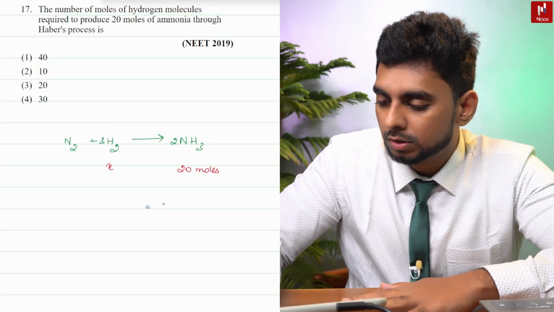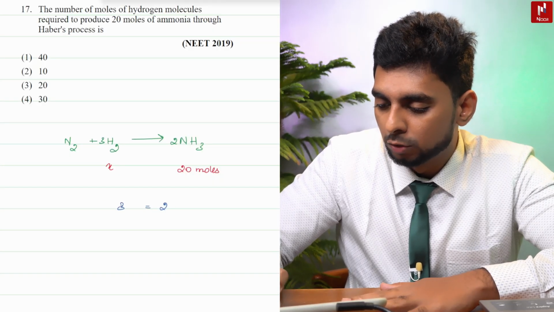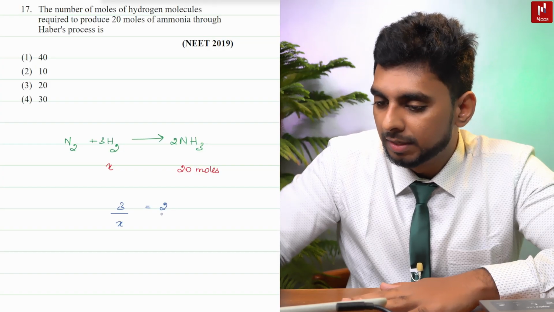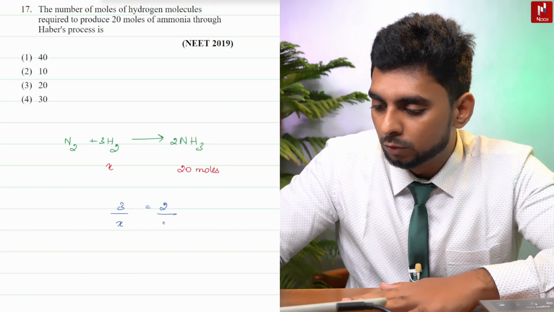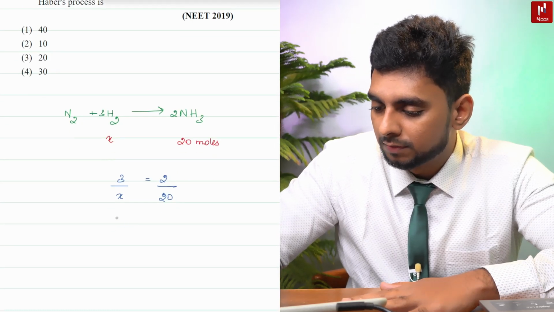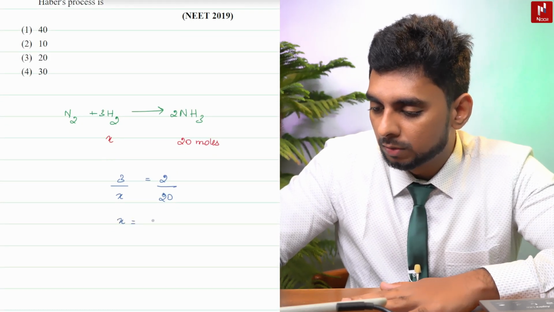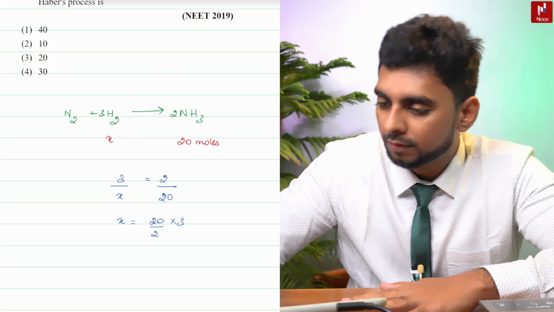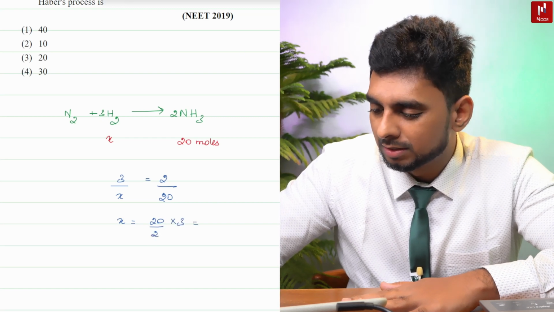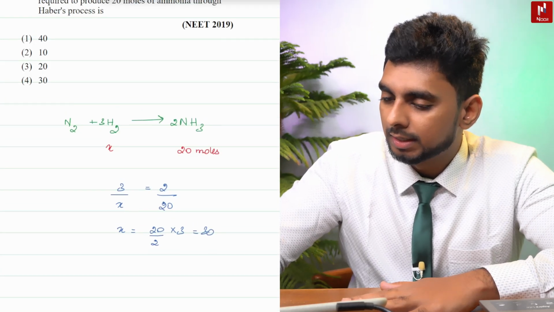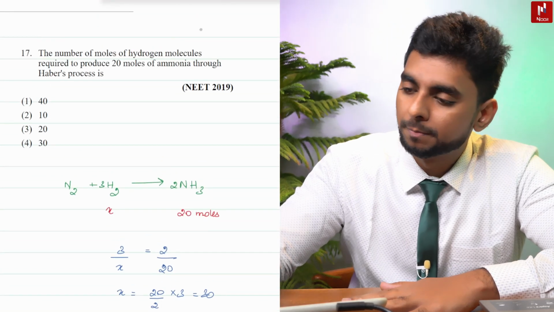To produce 2 moles of ammonia, I need 3 moles of hydrogen. So X moles of hydrogen will be required to produce 20 moles of ammonia. That's what they have given in the question, isn't it? Just flip it and do the cross multiplication. X will be equal to 20 divided by 2 into 3. If you solve, you'll get 30 moles, isn't it? So the answer is 30 moles, which is option 4.